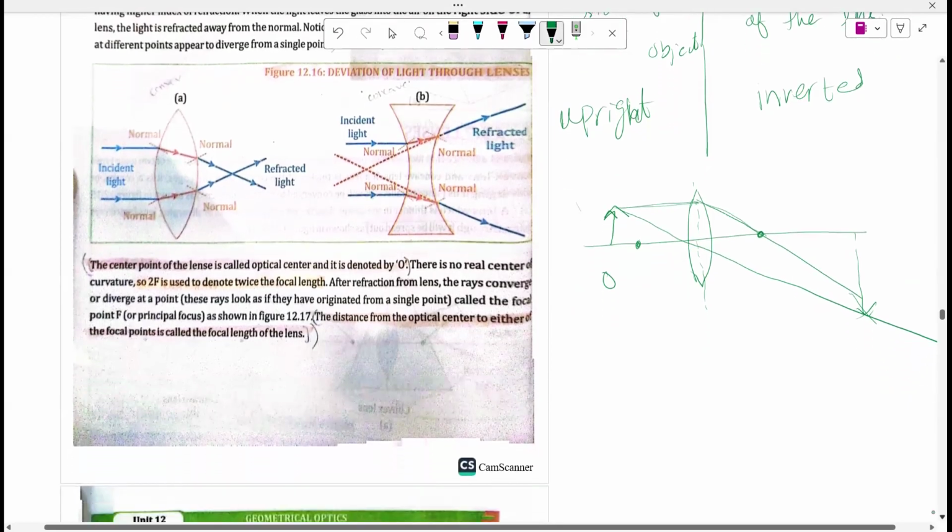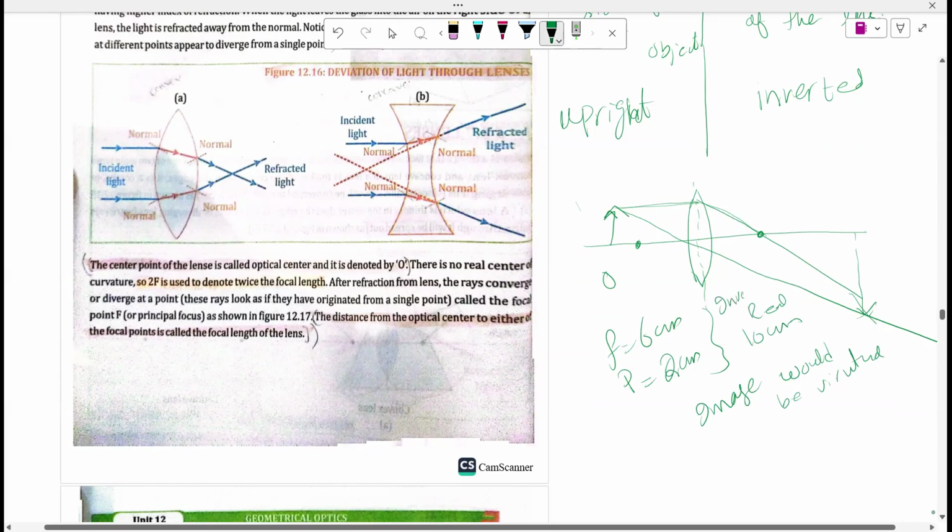Okay. So if the focus point is 6 centimeter and the object distance, which is P, is 2 centimeter from the center of the lens, the image formed would be virtual. But if the object is placed at 10 centimeter, the image formed would be real.